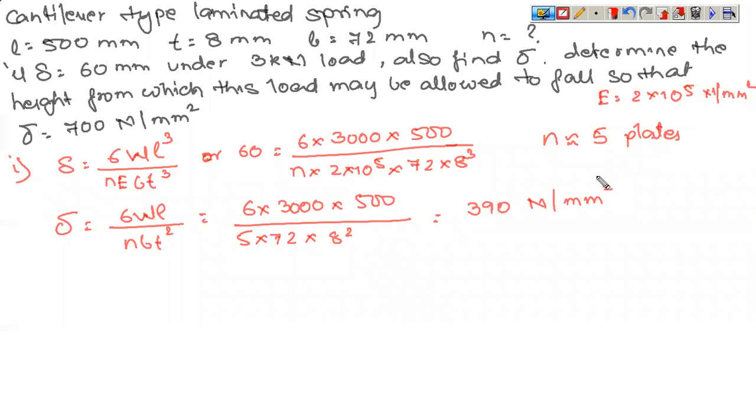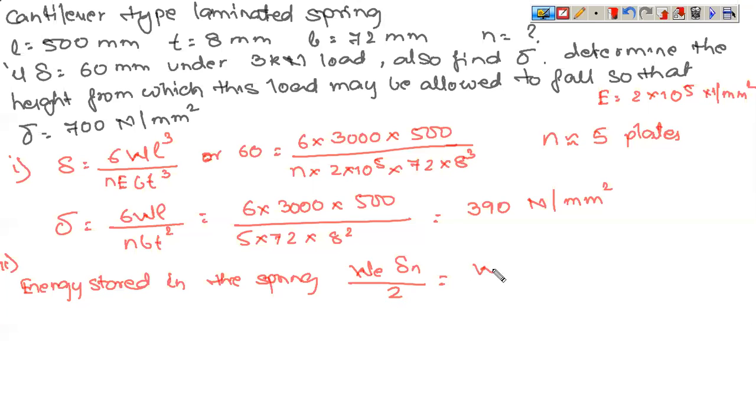Okay. Now energy stored, come to the next part. Energy stored in the spring: let us say the new load is WE. So WE into delta new divided by 2 is equal to the potential energy of spring, mgh.